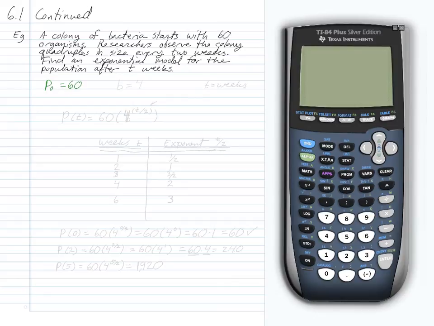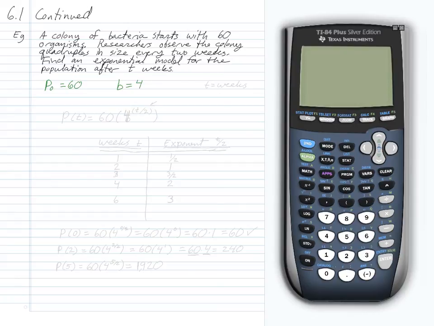Maybe we want to know what's going to happen after week 3. Well, then knowing 2-week increments isn't as helpful. So what we might want to do is recognize what our base is going to be. We're told that this population quadruples, so we have a growth factor of 4.